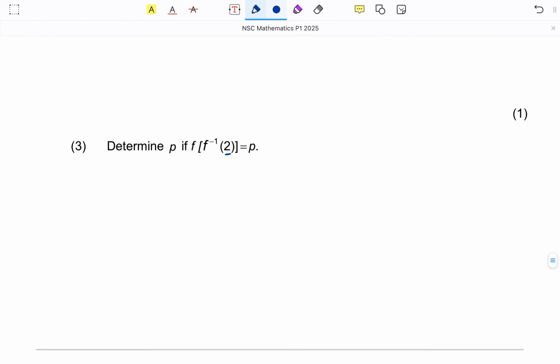So the first thing we're going to say is, for the inverse where x is 2, y would have been -1. So if we now swap x and y around to get back to our original graph, then that means that p is equal to 2.